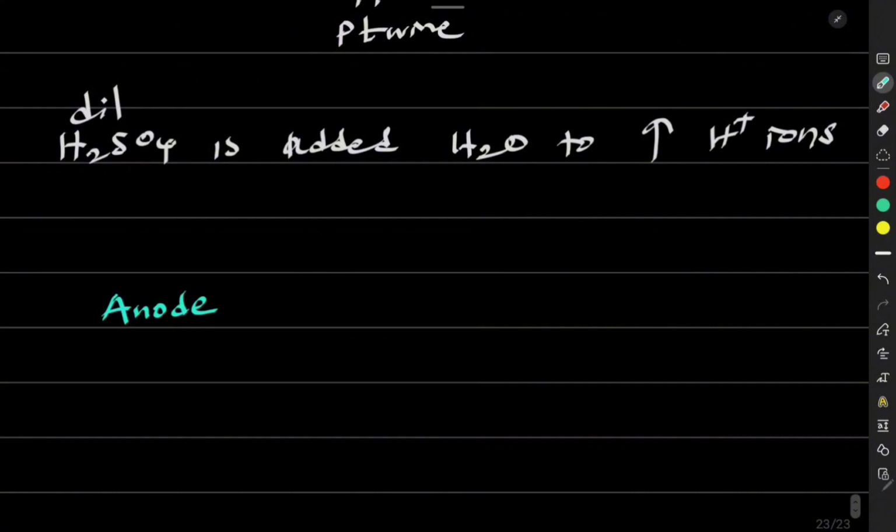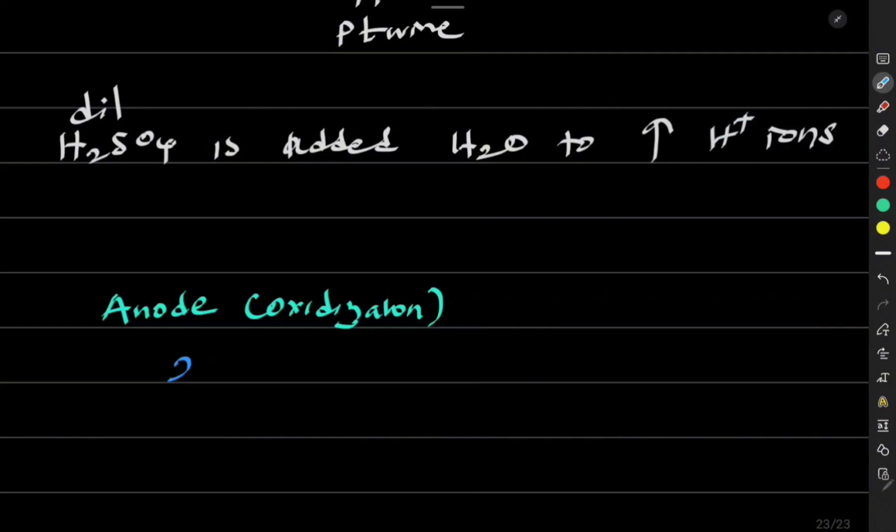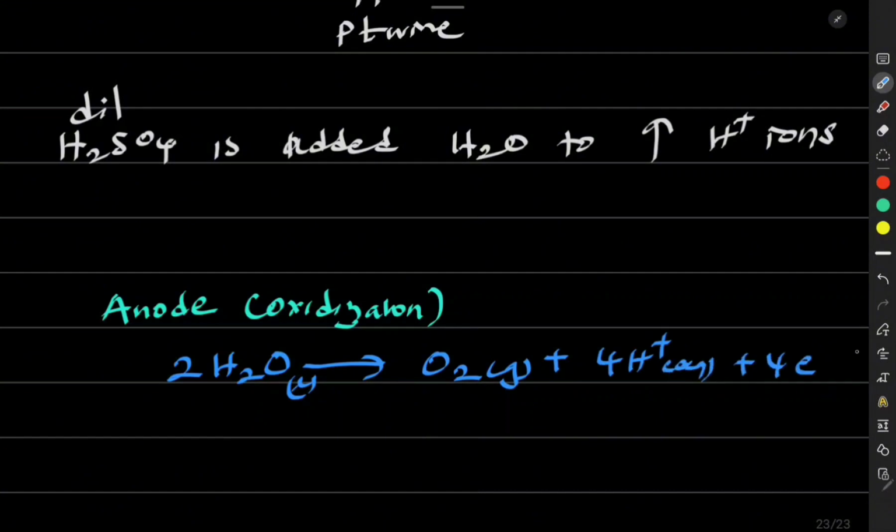At the anode, oxidation occurs. Let's look at the oxidation reaction: 2H2O liquid forms O2 gas plus 4H plus aqueous and 4 electrons.